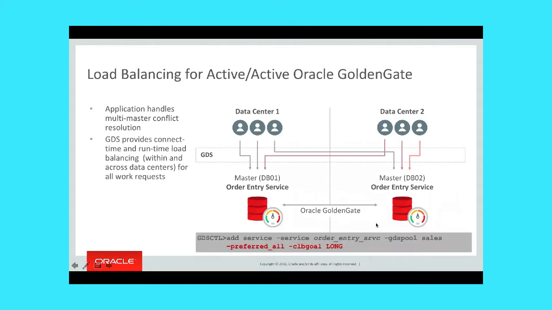To get that behavior, I would create the service called order entry service, which is running on the pool called sales. I'm saying preferred all, that means it can go on any database while honoring the connection load balancing goal long. With this global service defined this way, all your incoming connections will be well balanced and well distributed equally across these two master databases. This includes both read-only as well as read-write workload.